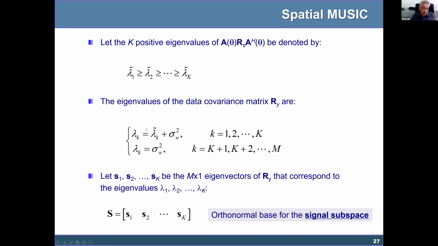This is true if these eigenvalues are all different. Now, the matrix S generates a subspace of dimension K, because there are K columns, and this is called the signal subspace, because it is the subspace generated by the eigenvectors associated to the eigenvalues of the signal different from 0.